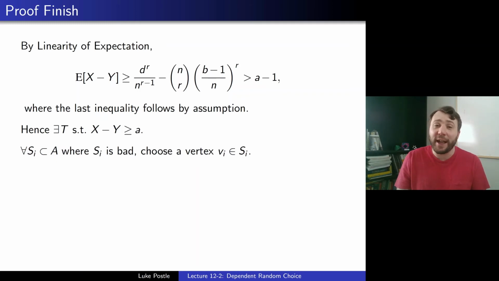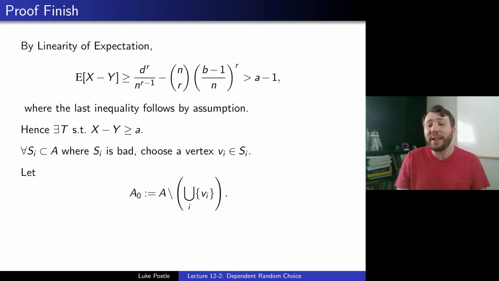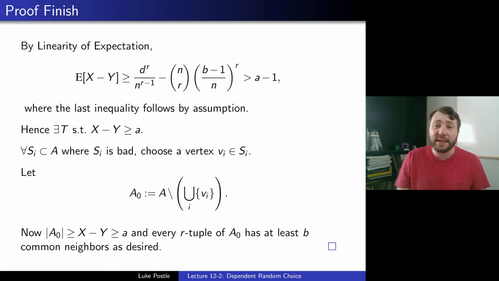So for every S_i in A where S_i is bad, we choose a vertex v_i in S_i. Somehow we just want to get rid of these bad tuples. We're just going to delete a vertex from each of them. So that's precisely what we do. We let our final A_0 be A minus those chosen vertices. And that means that the size of A_0, well, A started out at size X there, and we subtracted, worst case, a different one for each one.